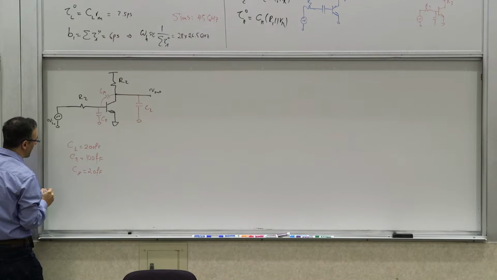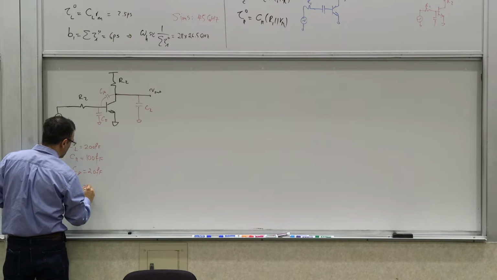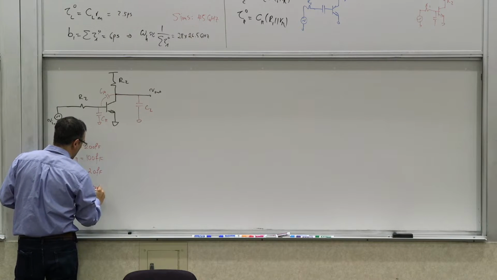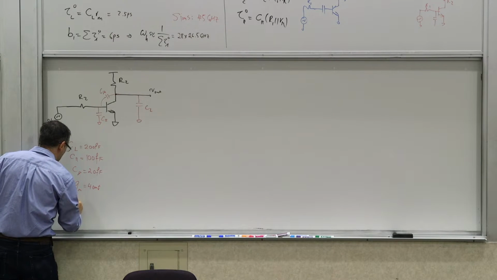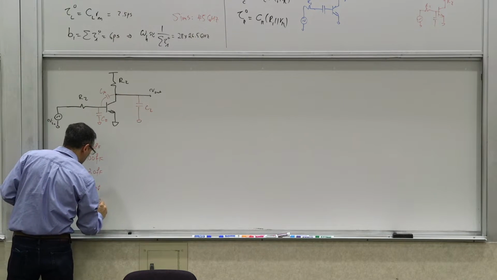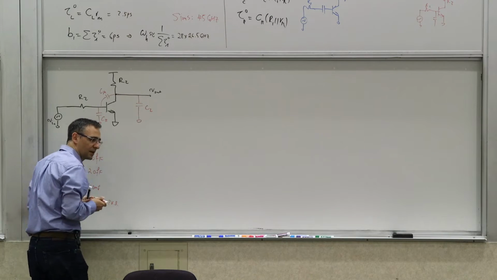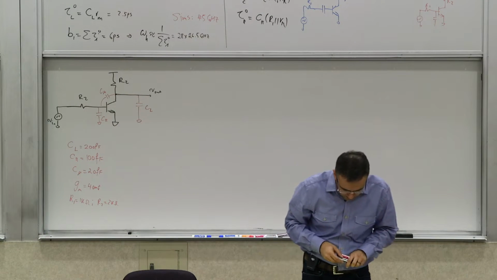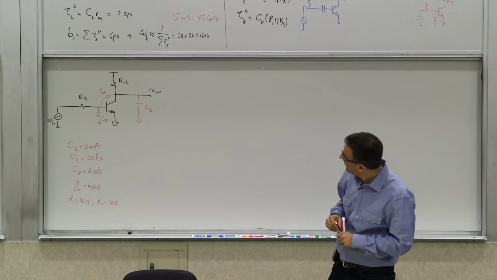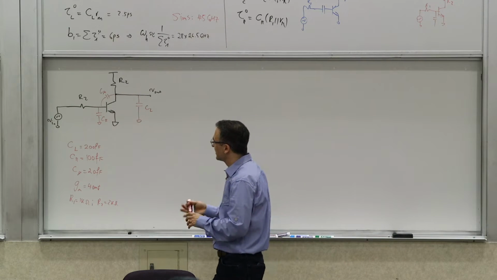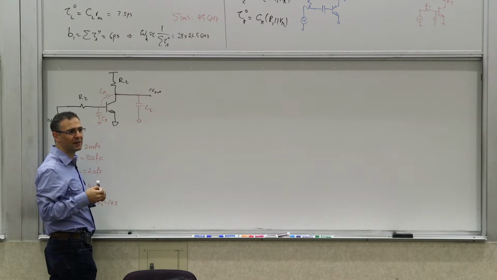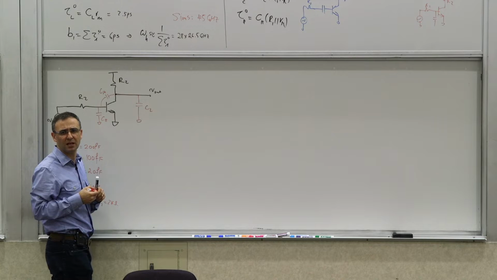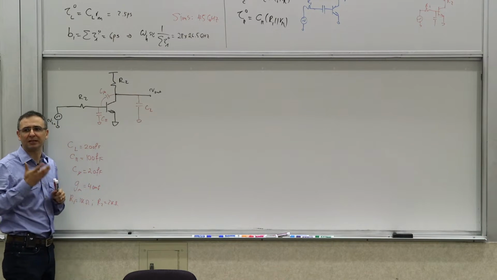And then we also had gm was 40 millisiemens. R1 was 1 kilo ohm, R2 was 2 kilo ohms, if I'm not mistaken. I think those were the numbers. Yeah, okay. So this is exactly the same circuit. You remember when we did this, the bandwidth we estimated was 95 gigahertz, and the bandwidth we simulated was 97 gigahertz.